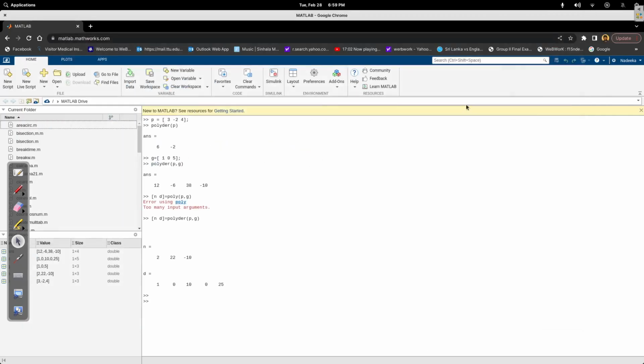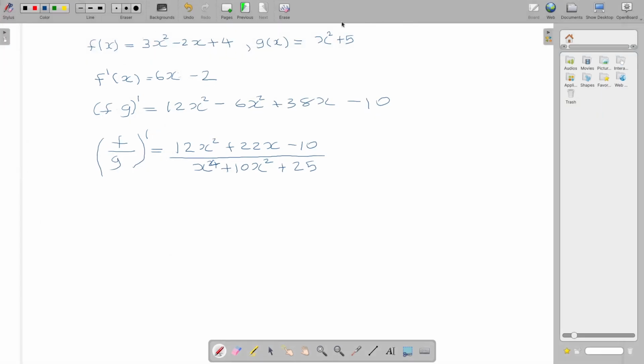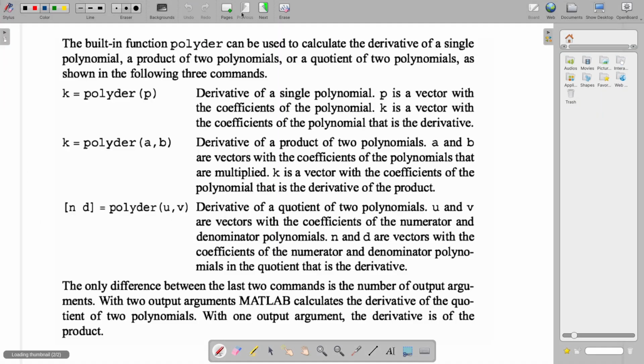So just to differentiate a polynomial you use this command. To get the differentiation of the product of two polynomials using the product rule, you use this command.